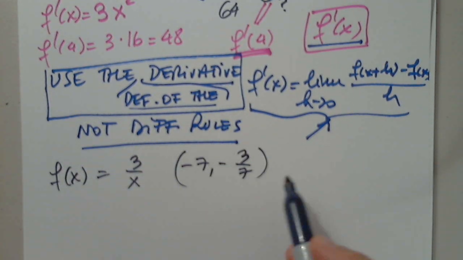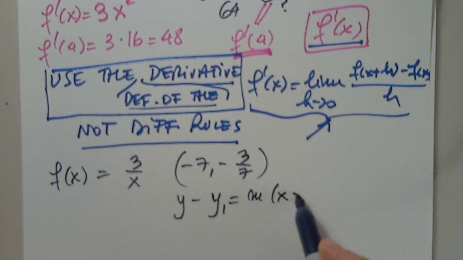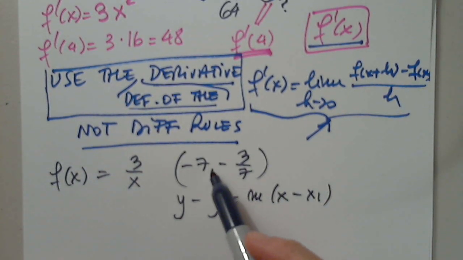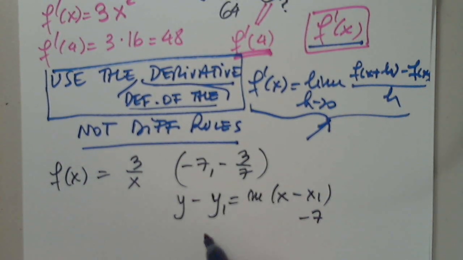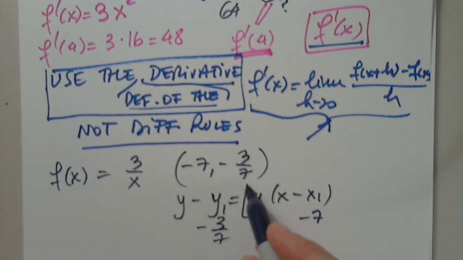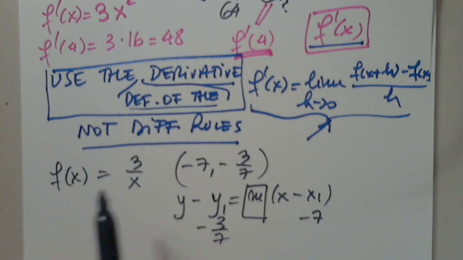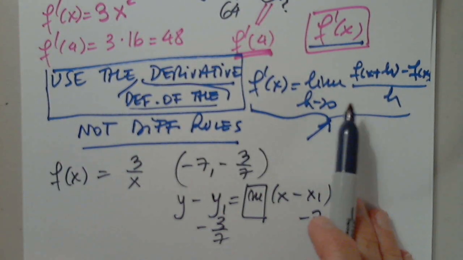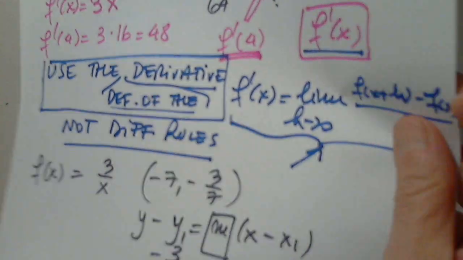Right, so we have to find the equation. So we have y minus y1 equals the slope times x minus x1. So x1 is -7, y1 is -3/7, and we have to find the slope. So it's the same problem, but you want to determine this using the definition. Is that the understanding? Yeah. Okay, perfect. Let's do that.